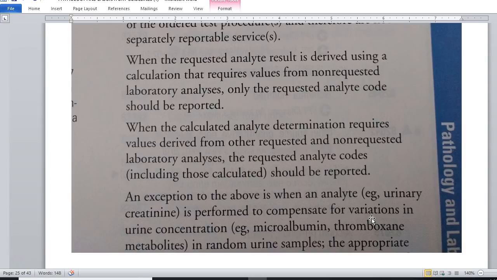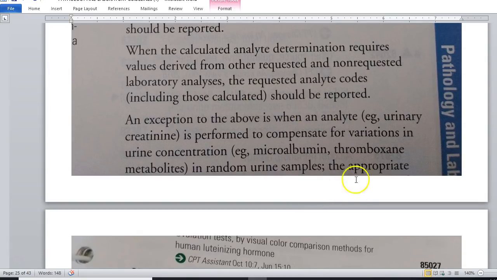Again, sometimes you might be working for the lab where people send out the blood to you because you might be a specialty lab. And so again, what are we looking at? What are we specifically doing with that specimen? The exception to the above is when the analyte, like urinary creatinine, is performed to compensate for variations in urine concentration. So again, they're giving us just a little bit of extra information.